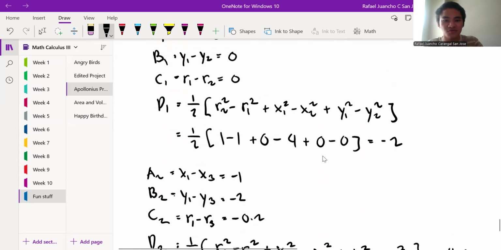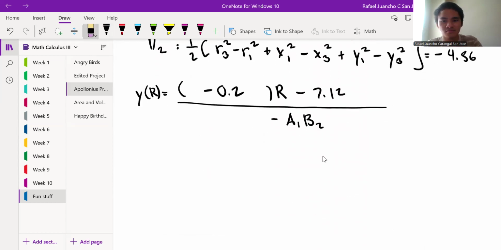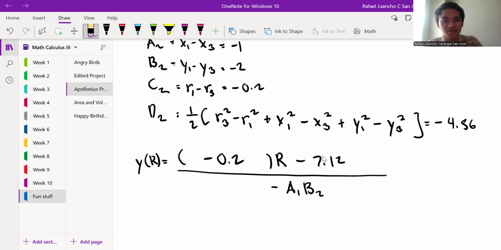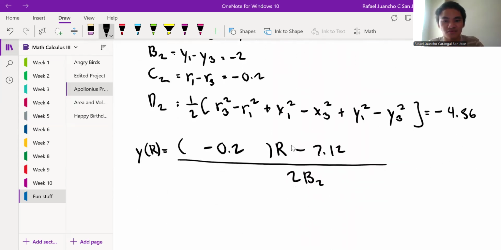And then I have A2 B1. That's just 0. Negative A1. So this is +2. B2 is -2. Oh, so I got -4 then. Okay. Oh, crap. Now my eraser doesn't work.